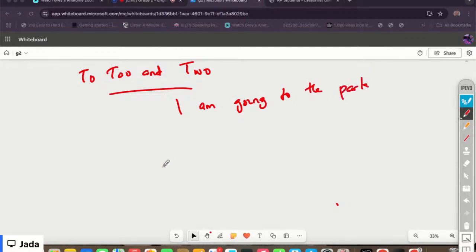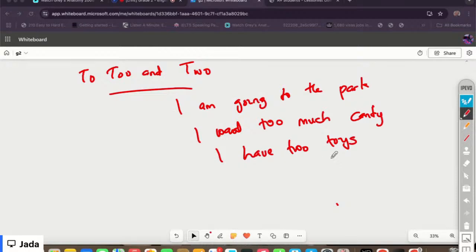And we have also I want too much candy. Then we have I have two toys. Okay, so all of them sound the same, but obviously they have different meanings, different spellings.